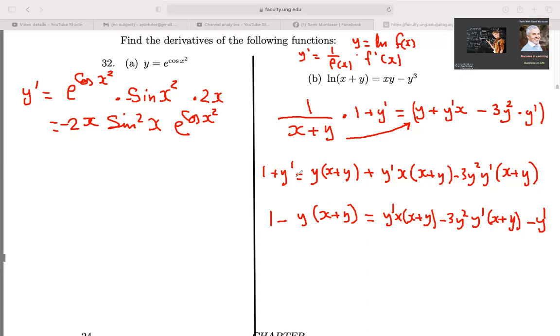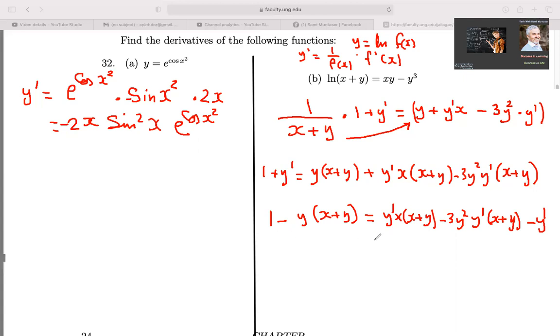Now what I did, I brought this y prime this way, and I brought the y times x plus y that doesn't have y prime to this side. And the reason I did that is just because it's easier. This is a lot of stuff to bring over. So I brought the y prime this way, and I brought this to the other side.